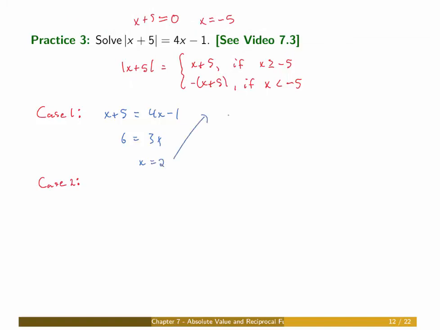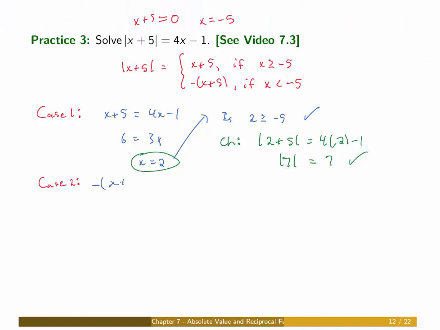Now, is 2 greater than or equal to negative 5? Yes, it is. Therefore, we go ahead and check. The absolute value of 2 plus 5 equals 4 times 2 minus 1. That comes out to be 7 equals 7, which is correct. So 2 is a solution. Okay, no matter what.